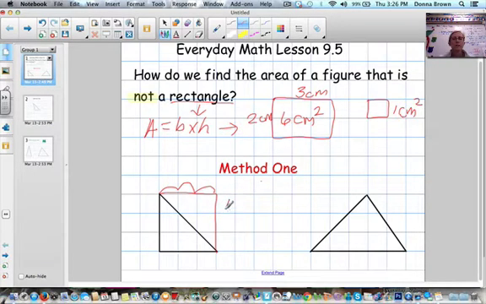So area equals base times height, and this is for the rectangle rather. And so the area in this case is going to equal 3 times 3, or 9 square centimeters. So if that's true, that the whole thing equals 9, then half of the square, let's see if I can extend the page.